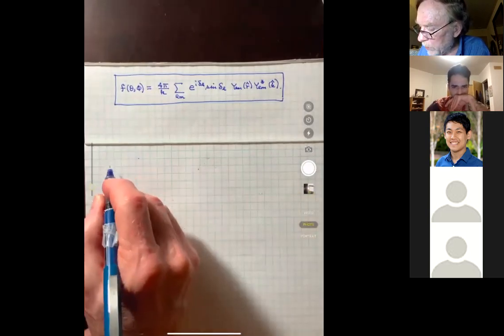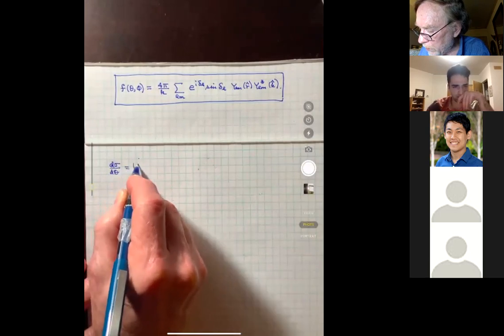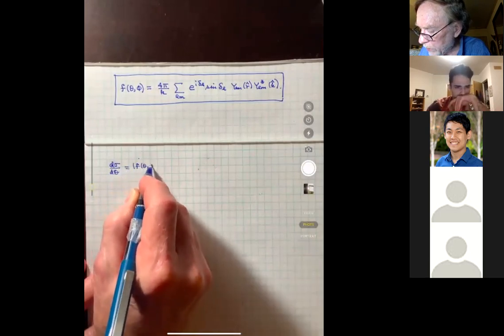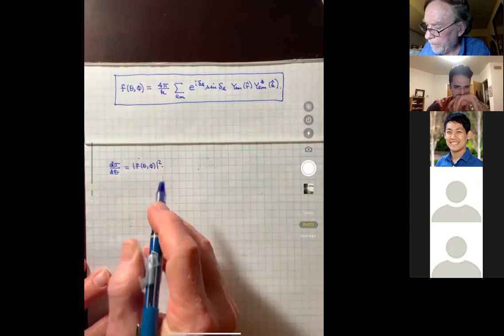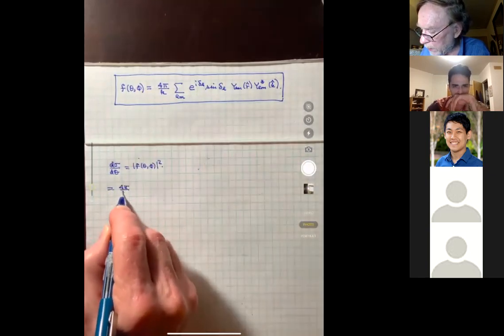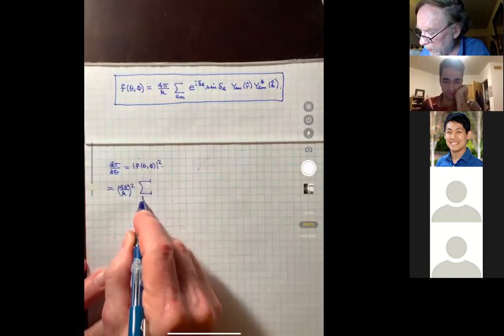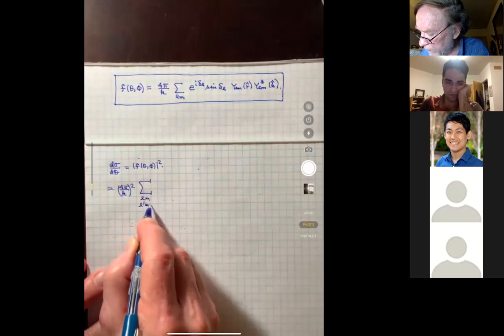One of the things we know is the differential cross section is the square of the scattering amplitude. Very simple result, very nice result. And if I square this series, what we get is 4 pi over K quantity squared. Then we get a double sum on L and M and L prime and M prime.